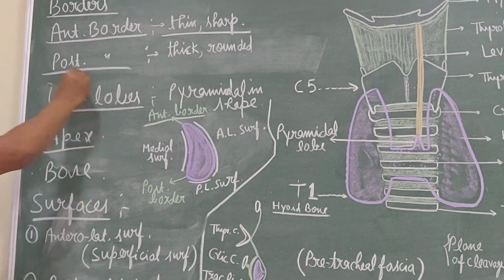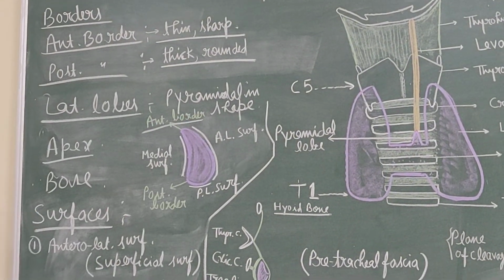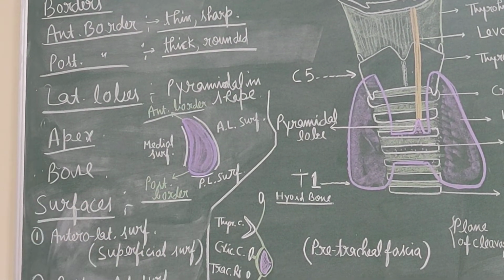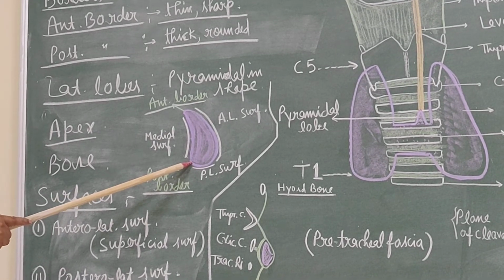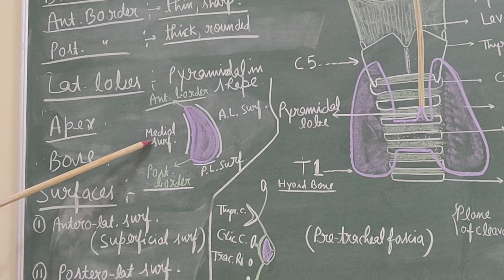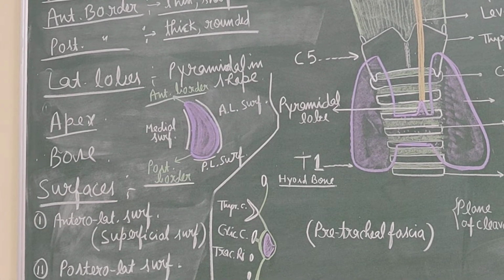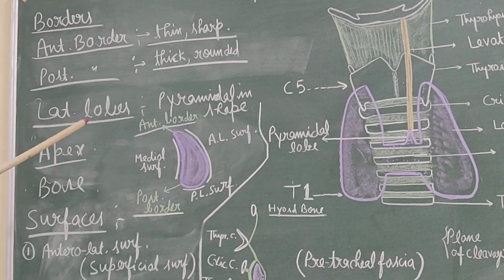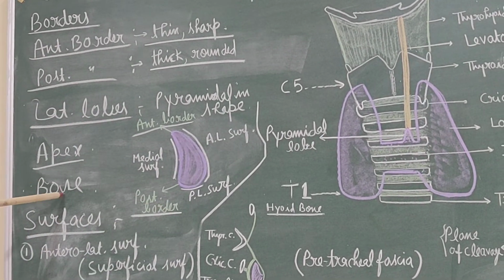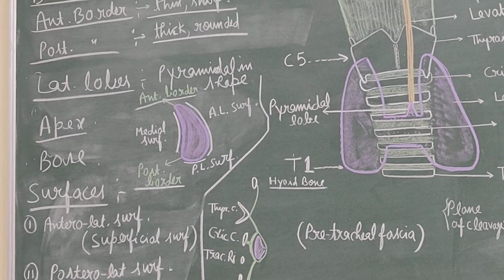The posterior border is thick and rounded, and it separates the medial surface from the posterolateral surface. So each lateral lobe has an apex, a base, three surfaces and two borders.